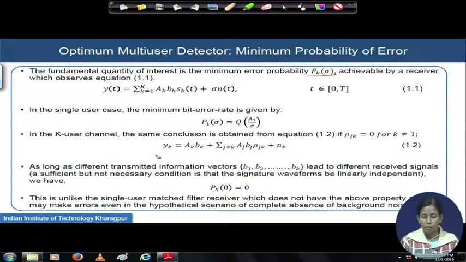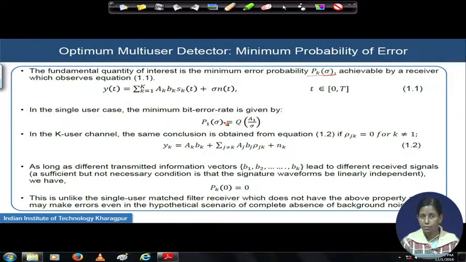Rho_jk is the cross correlation between the two signature waveforms. If rho_jk is equal to 0 for j not equal to k, then the interference part goes away and for user 1 the error probability will again be given by this expression. If rho is 0, the signature waveforms are perfectly orthogonal to each other, the contribution from the second part of expression 1.2 will be completely 0, and you end up with the equivalent of expression 1.1, and hence your error probability will be governed by this.